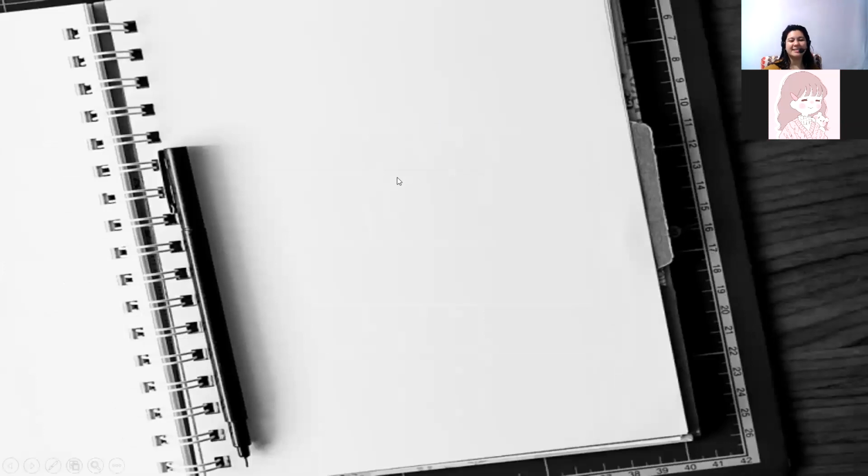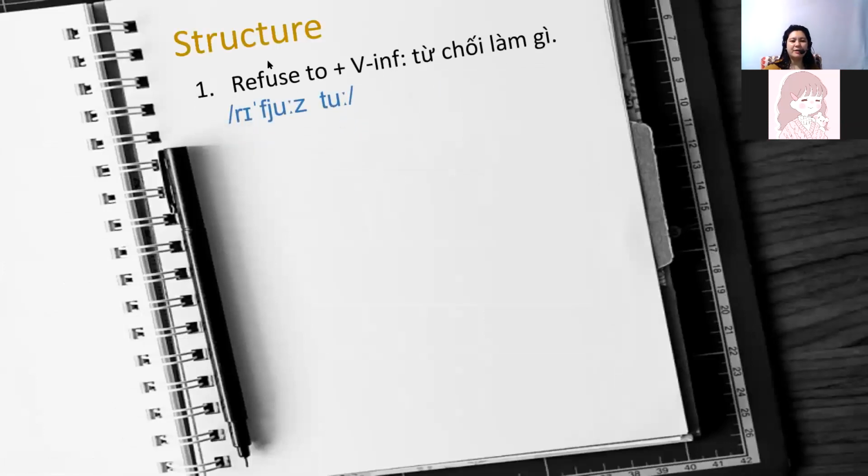Now we are going to answer the following structure. Let's make a sentence out of this. First is refuse to, and then you're going to add a verb after the words refuse to. Can you give me a sentence using that structure?